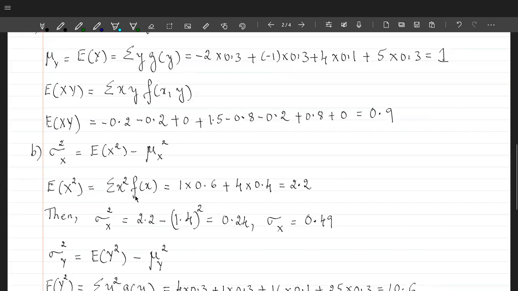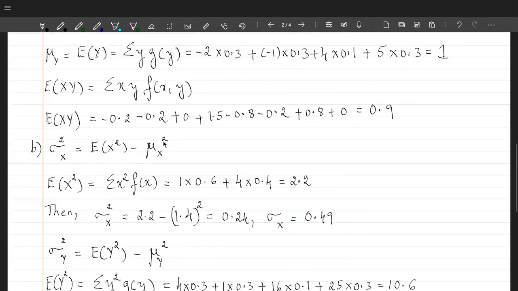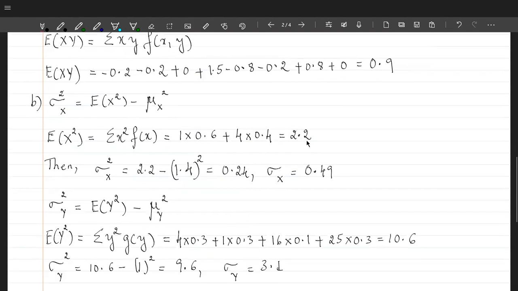E of x square is equal to summation x square into f of x. So summation x square into f of x can be calculated equal to 1 square, which is 1, into 0.6 plus 2 square, which is 4, into 0.4. So E of x square is 1 into 0.6 plus 4 into 0.4, which is equal to 2.2.